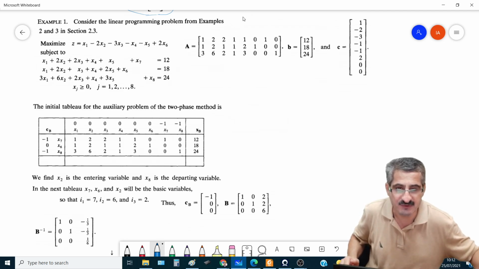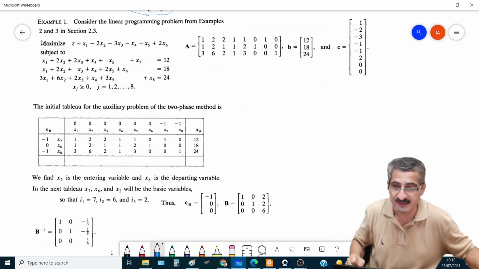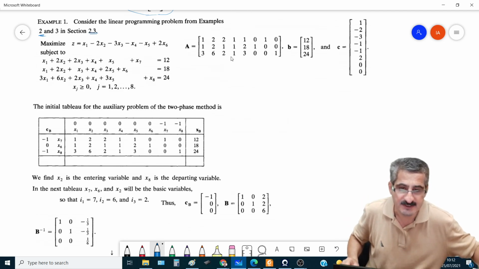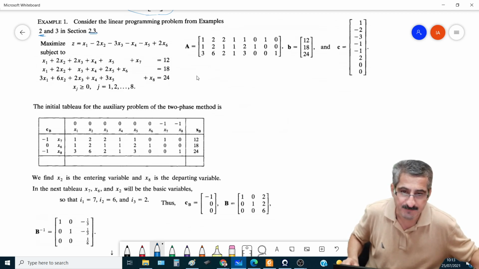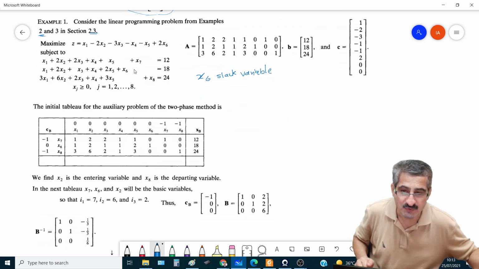If we go back to the original problem in example 2 of section 2.3, we will find that x6 was a slack variable, and we have y1 and y2.